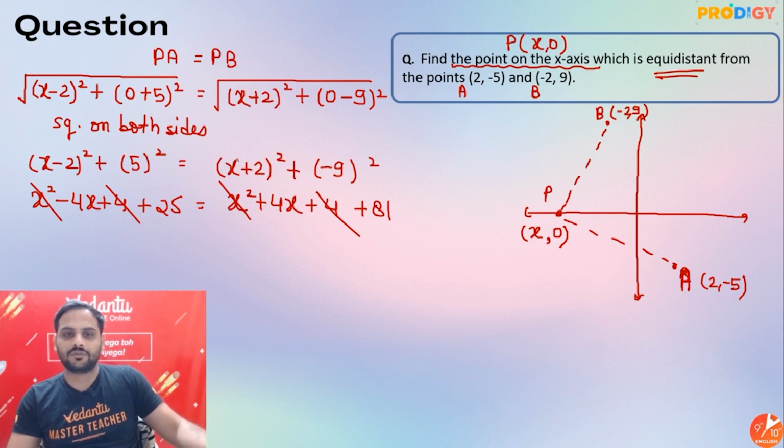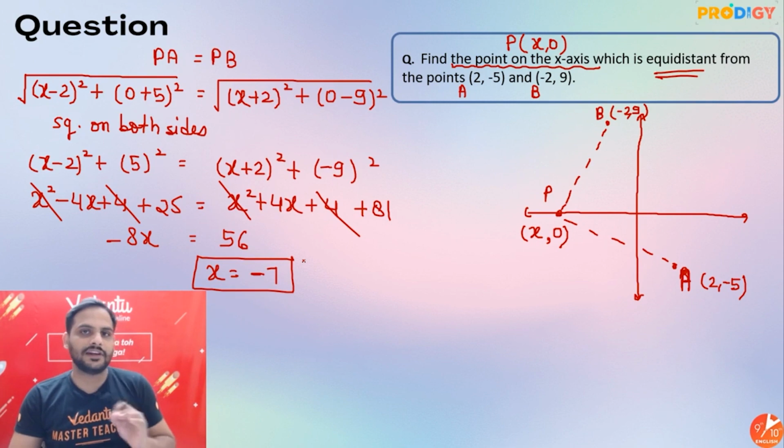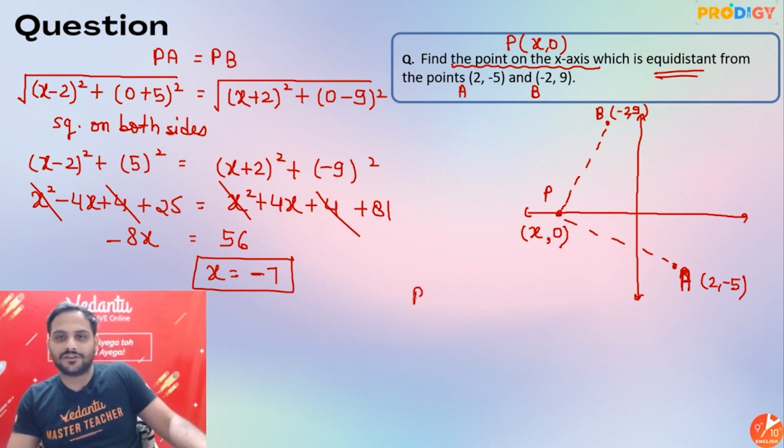Shift 25 over there, 4x over here. So this plus 4x shifted there will become minus 4x. So it is minus 8x equals 81 minus 25, which is 56. So what will be x? X will be 56 upon minus 8, which is minus 7. So we have got the value of x as minus 7. That means the coordinate of point P will be minus 7 comma 0.